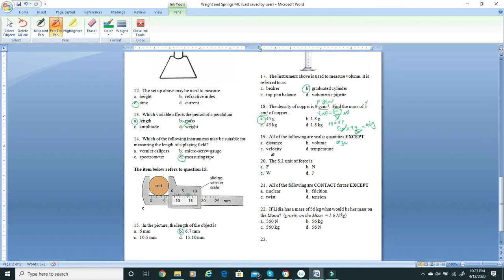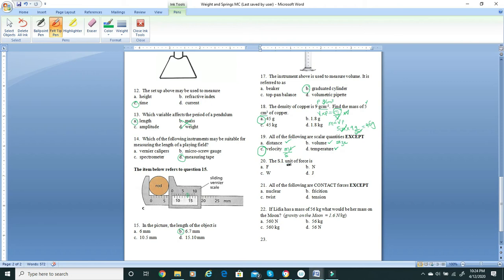All these have only size, this is only size as well, this is only size, but velocity has direction. Okay? The unit of velocity is meters per second. From this you can see you have some direction here, and you have some sort of size, because there'll be a number value in front of this each time.